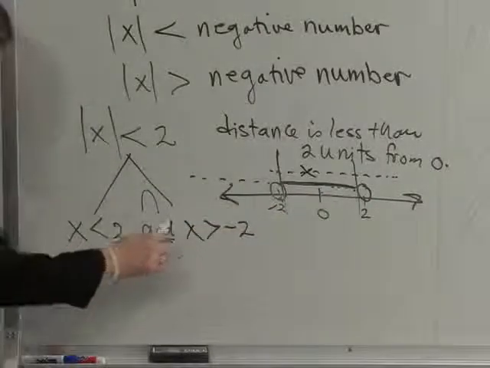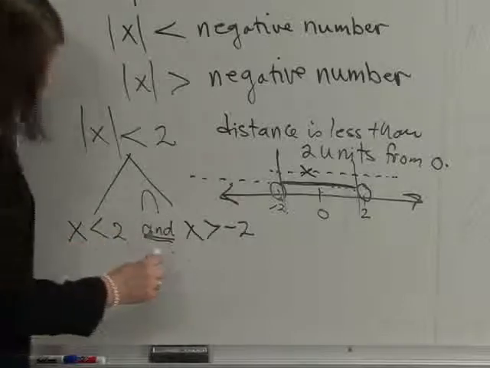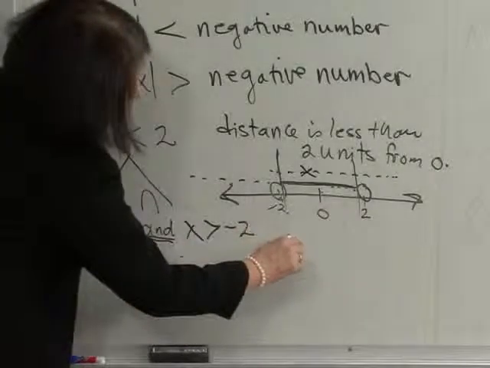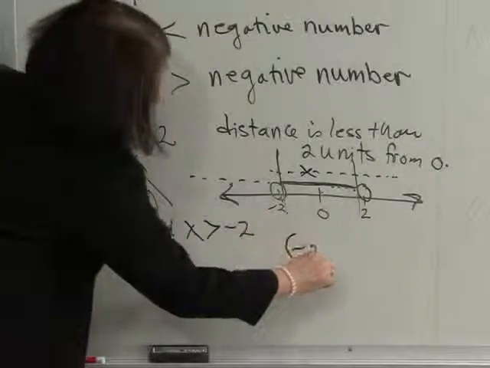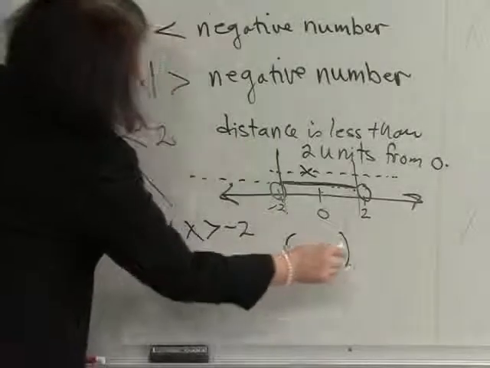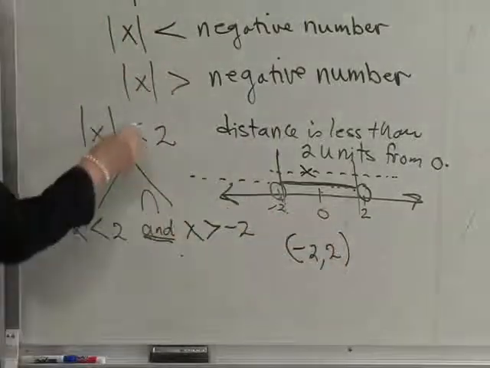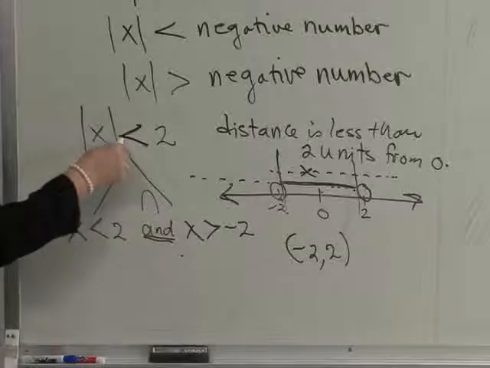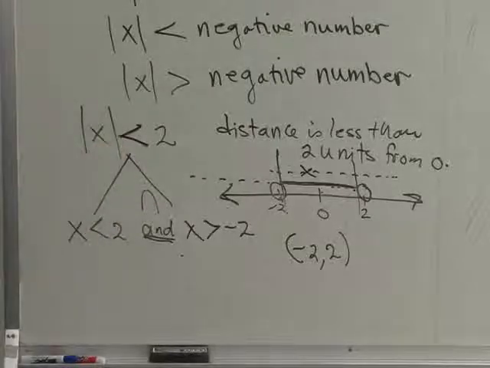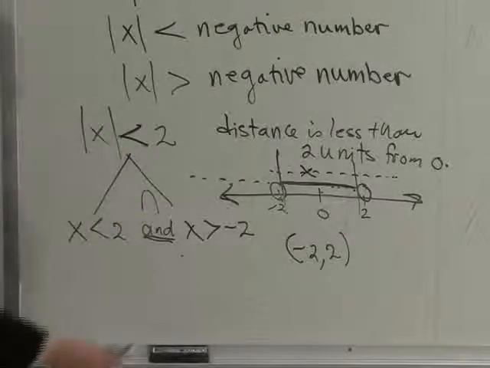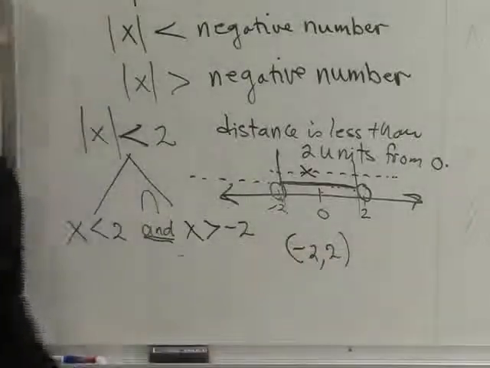So that's the algebraic solution. The interval notation would be all numbers between -2 and 2. We use parentheses because in this case we don't have the equal sign; we just have the less than, so we're not including the endpoints.